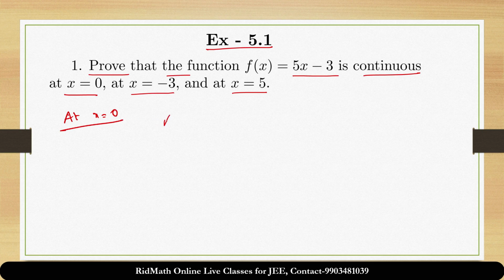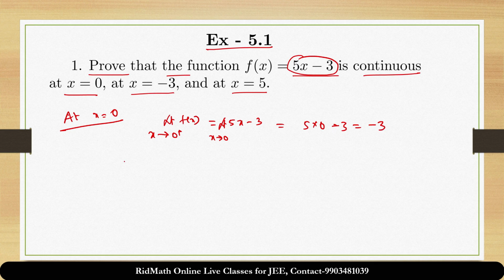We have to check limit x tends to 0 plus f(x), and the definition of f(x) is 5x minus 3. So limit x tends to 0 of 5x minus 3. Now put x equal to 0: minus 3. And also x tends to 0 minus f(x).